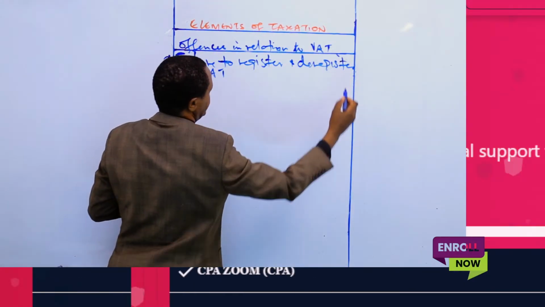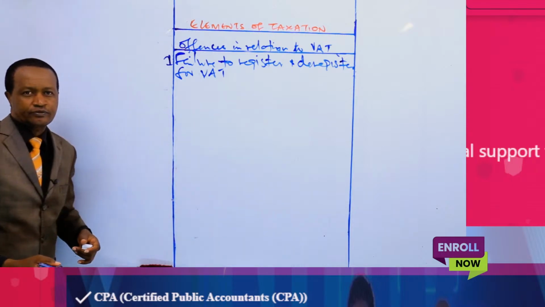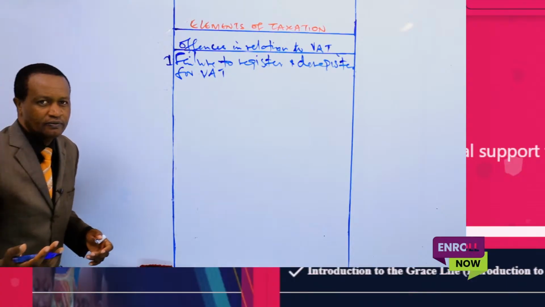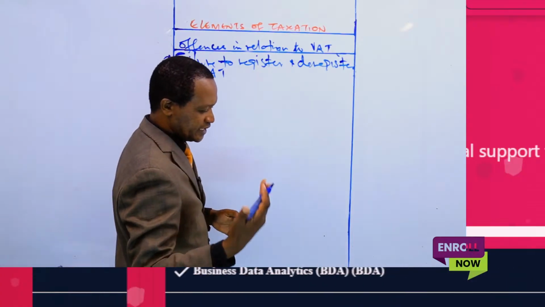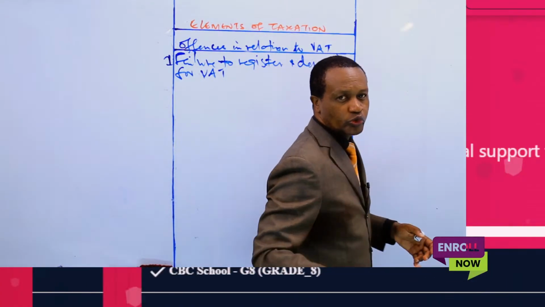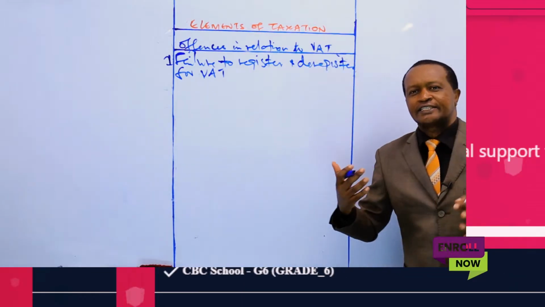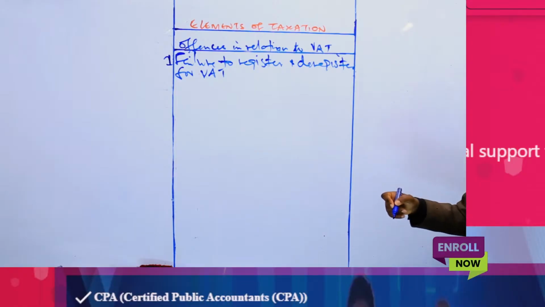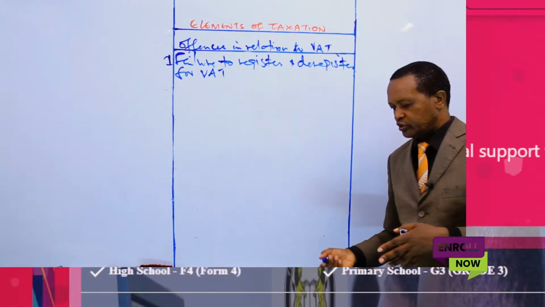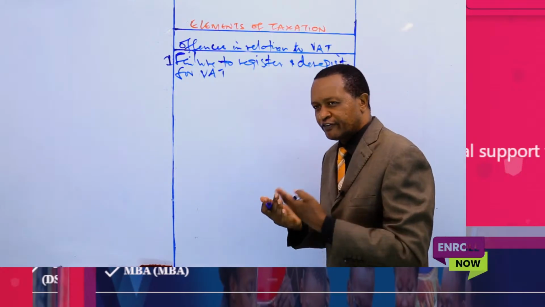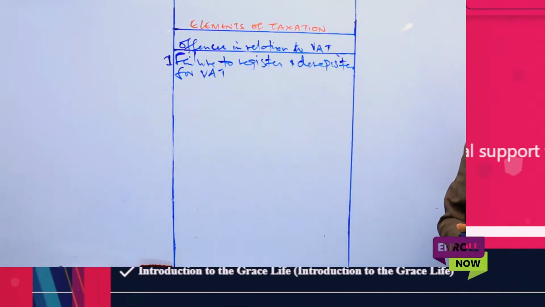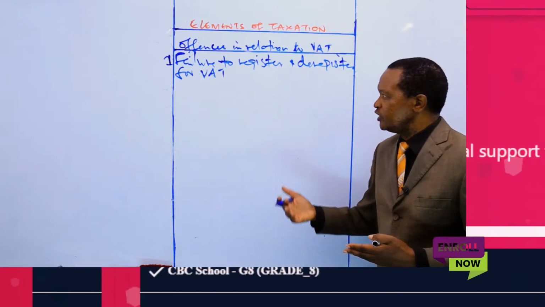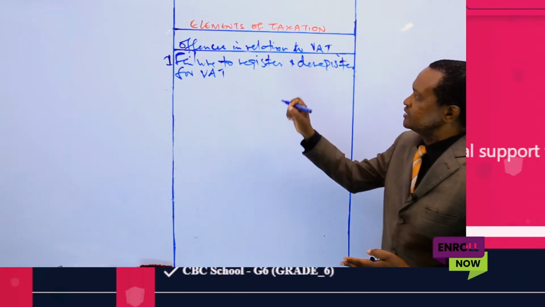That is to mean operating a business whose supplies are taxable, or operating a business whose taxable supplies exceed the threshold of 5 million Kenya shillings in any 12-month period without registering for value-added tax, that is an offense.